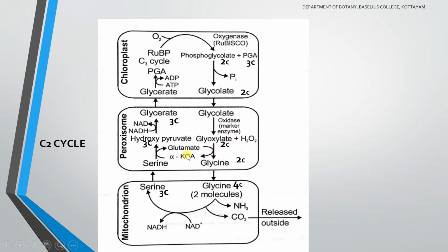Next, it undergoes a transamination process. Transamination processes are very important in metabolism. They are a particular type of reaction in which an organic acid reacts with an amino acid, and the amino group from the amino acid is transferred to the organic acid, and the COOH group from the organic acid is transferred to the amino acid.